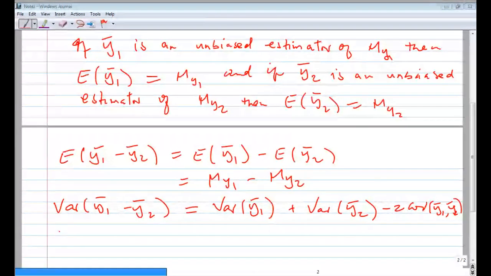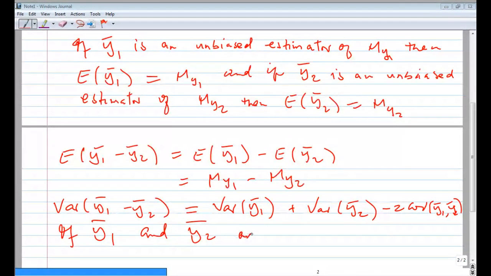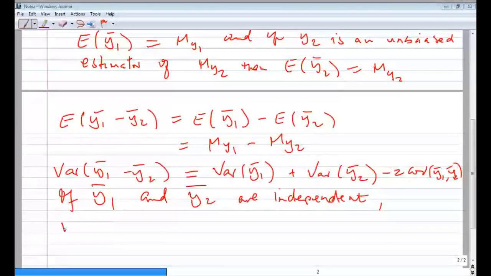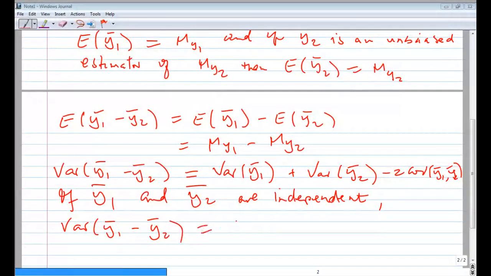However, if y bar 1 and y bar 2 are independent, then what? The var of y bar 1 minus y bar 2 will be equivalent to the var of y bar 1 plus var of y bar 2.